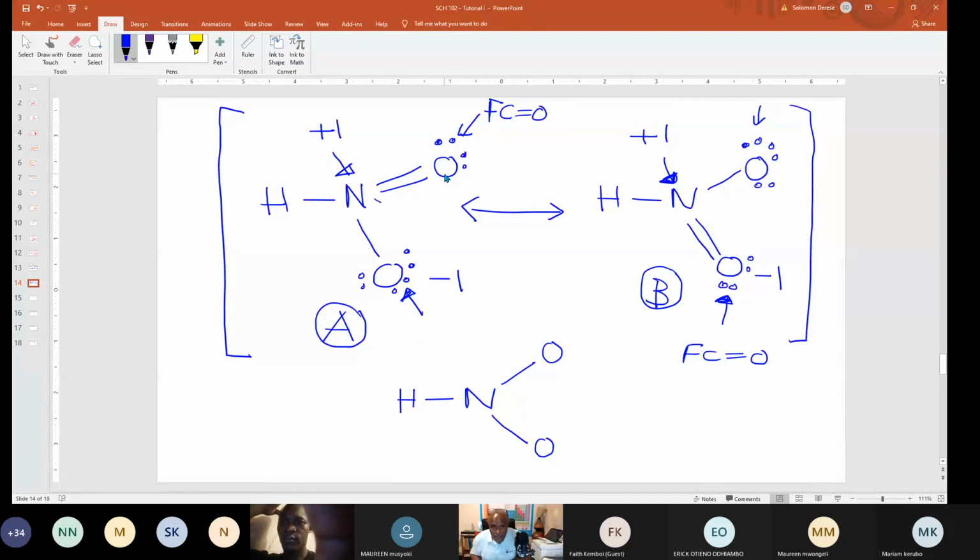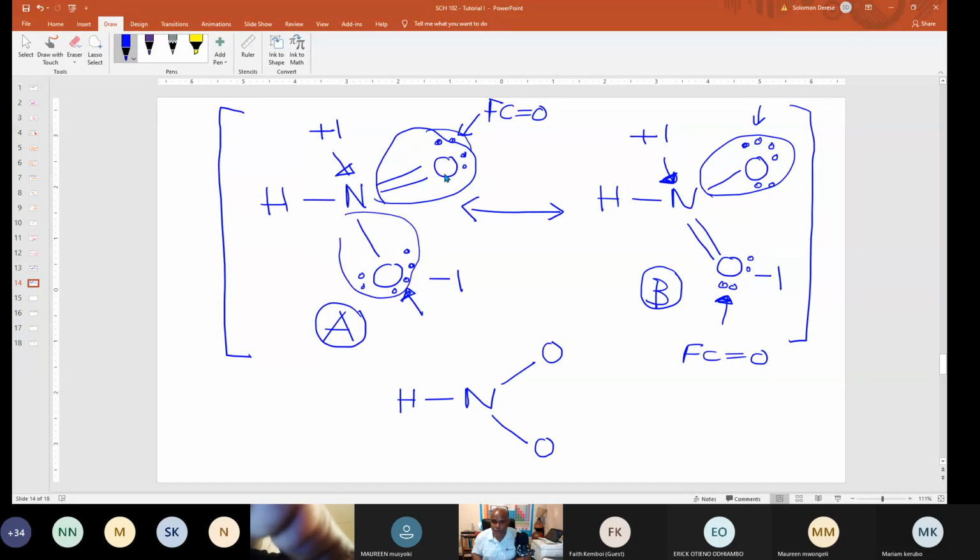The same bond, which was a double bond in this case, in this particular case is a single bond. Then if you look at this one, which was a single bond, in this other case it is a double bond.